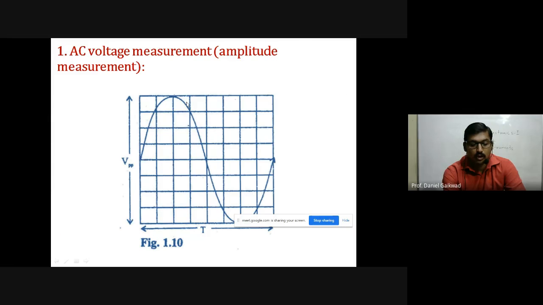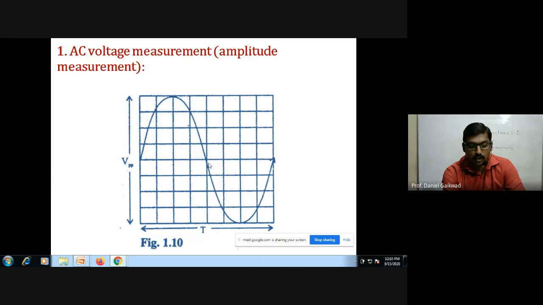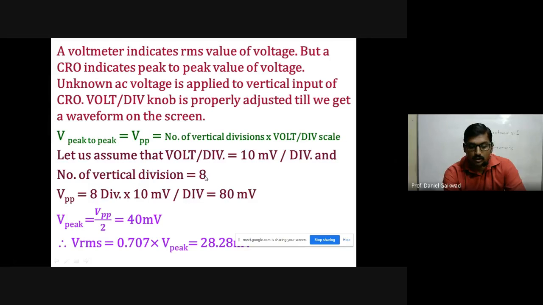For the positive half cycle we have 4 divisions, 1, 2, 3 and 4, from 0 to the maximum positive value. Again from 0 to negative we have 4 divisions, 1, 2, 3 and 4. So 4 divisions below and 4 above, and in all the total number of vertical divisions is 8. So V peak to peak is 8 divisions into 10 millivolt per division. 8 into 10 is 80 millivolt. That voltage is V peak to peak.